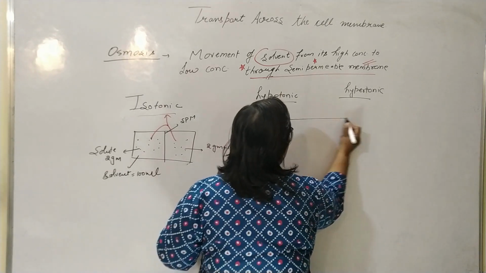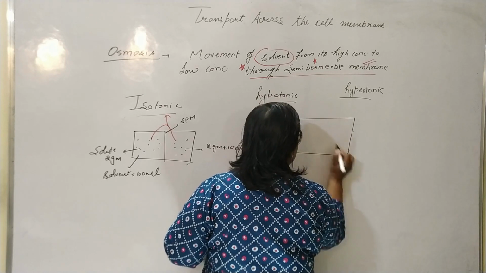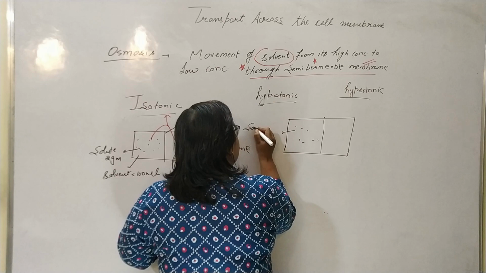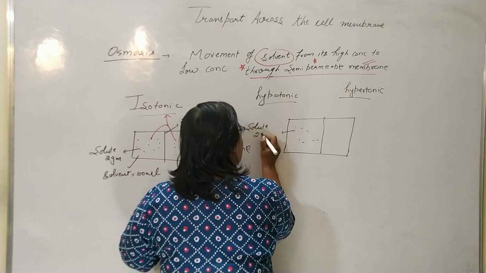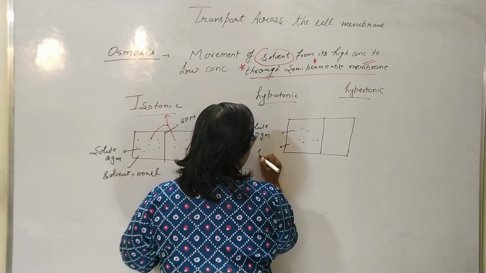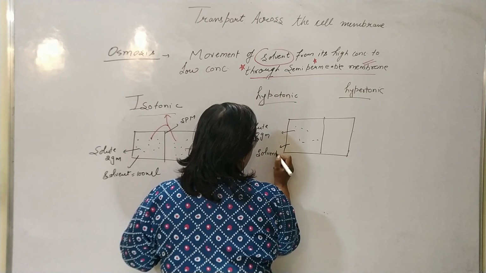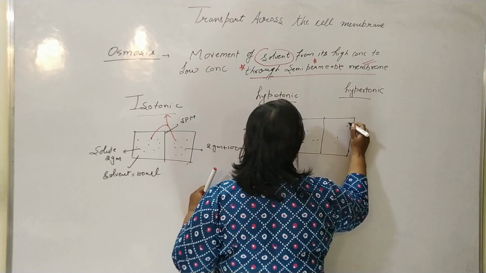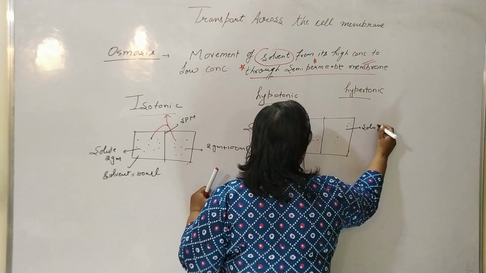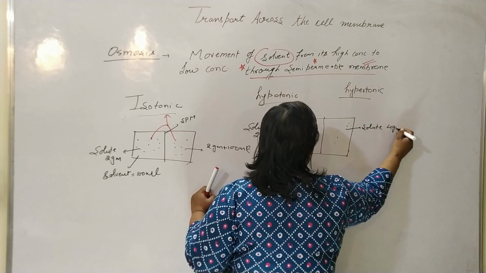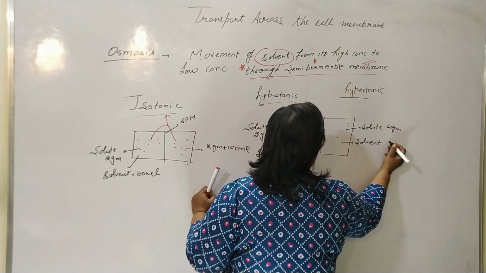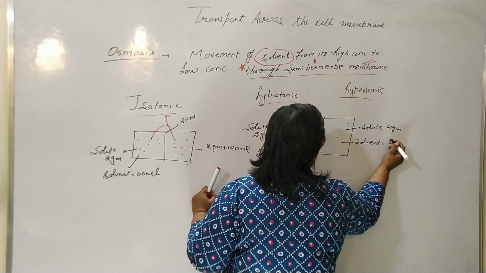Here we separate the two chambers through a semi-permeable membrane. In the first, the solute is 2 gram and the solvent is 100 ml, whereas in the second the solute is 4 gram and the solvent is lesser, like 80 ml.